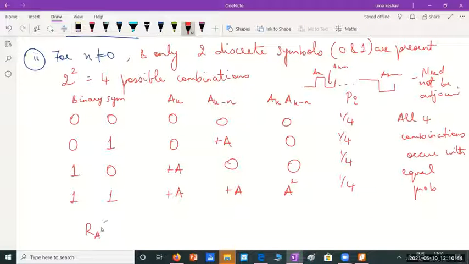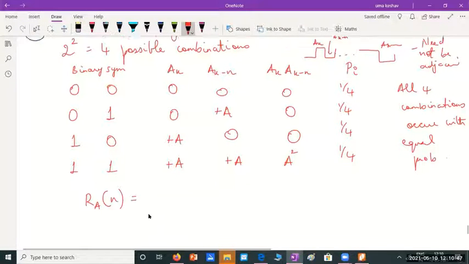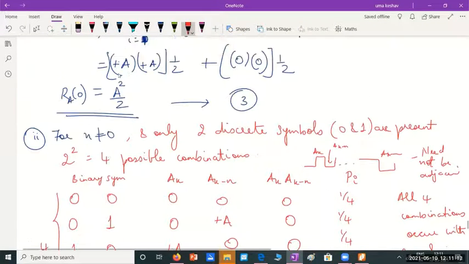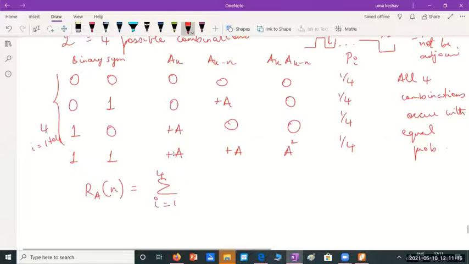Now we can find the value of the autocorrelation function here. How many possible combinations are there? 4 possible combinations, so I varies from 1 to 4. The summation means it's always the mean of all the possible combinations. Previously there were only 2 possible combinations. So summation for I ranging from 1 to 4, AK into AK minus N into probability Pi.